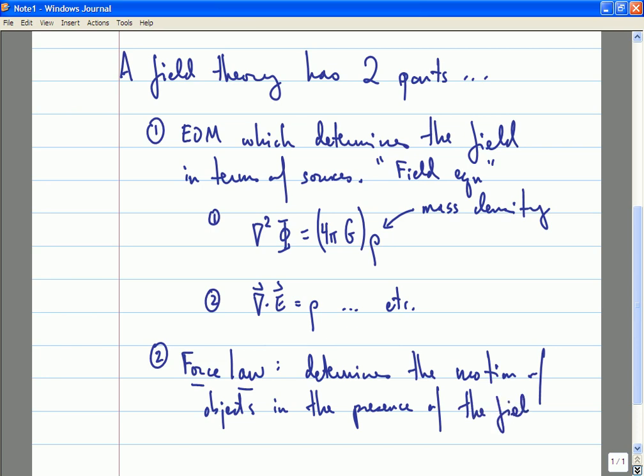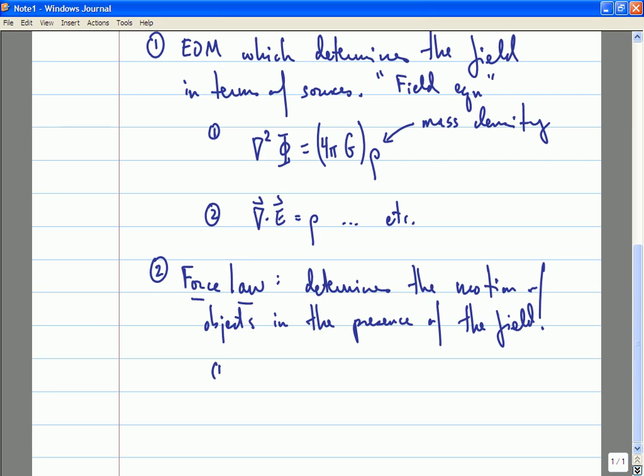So, for example, in the case of Newtonian gravity, the force on a particle in the presence of a gravitational field is the mass times the acceleration of the particle, which is then just equal to the mass times the gradient of the Newtonian potential.